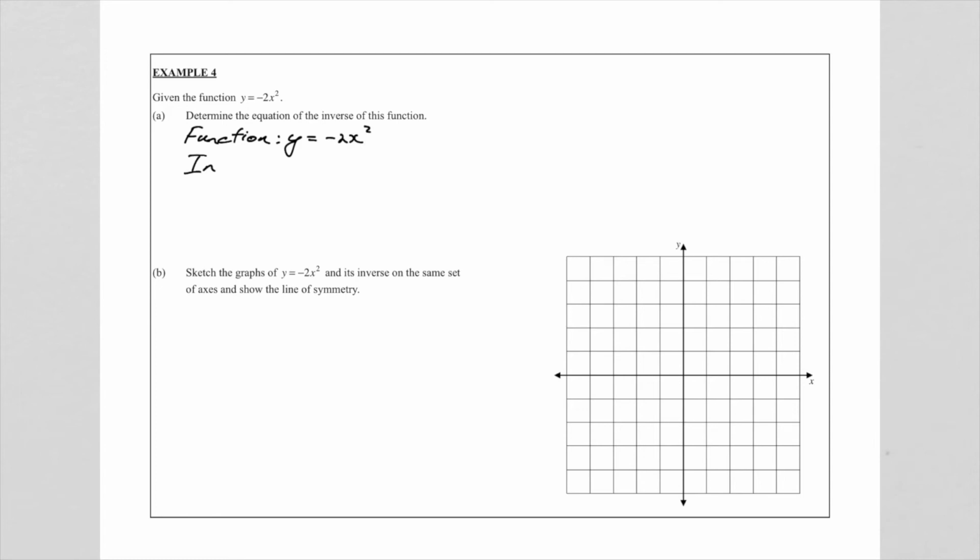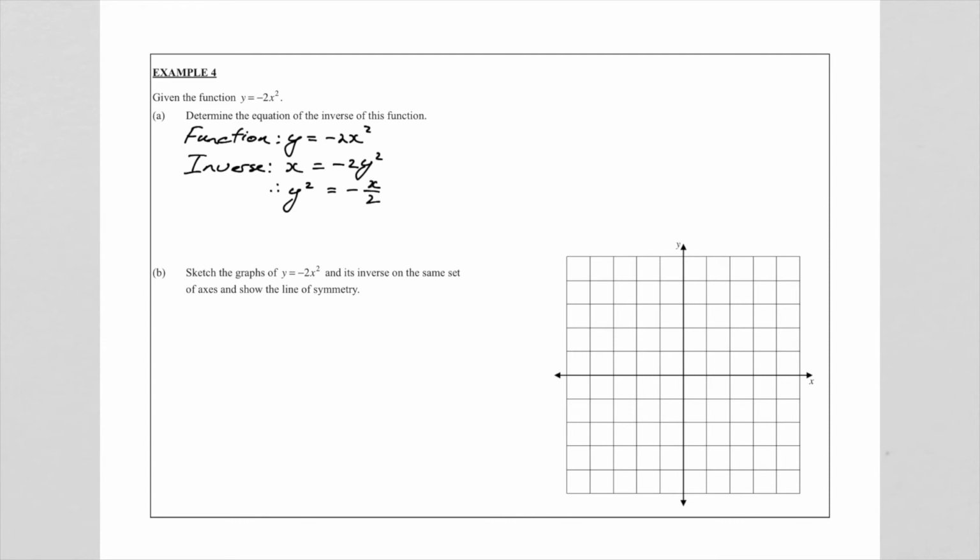And then the inverse is where we swap the x and the y. So we say x is equal to minus 2y squared. And now we need to find y. So we can now say that y squared is equal to negative x over 2.